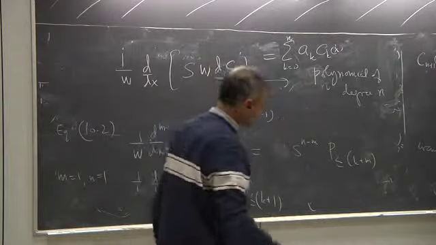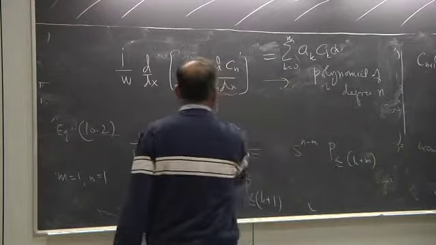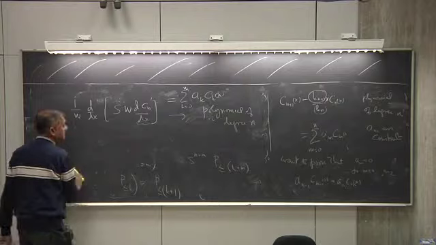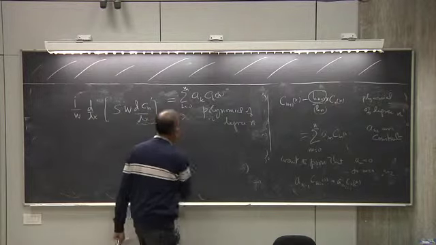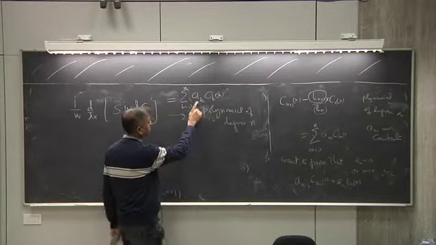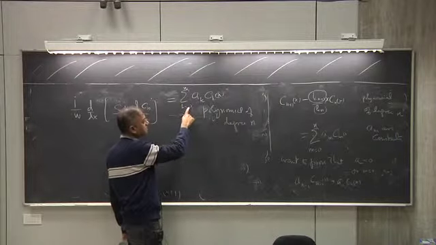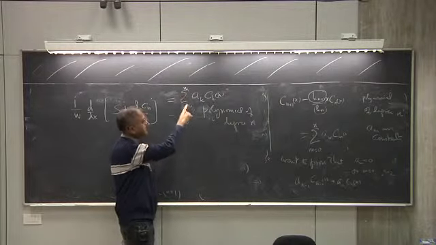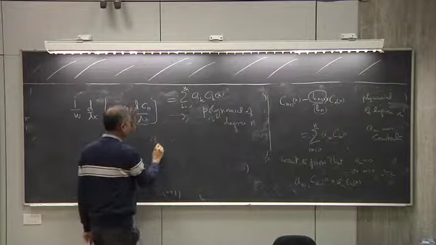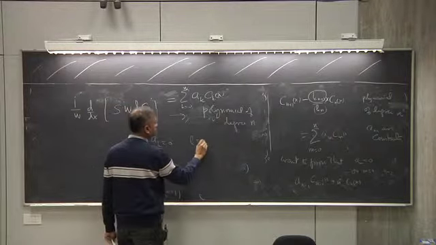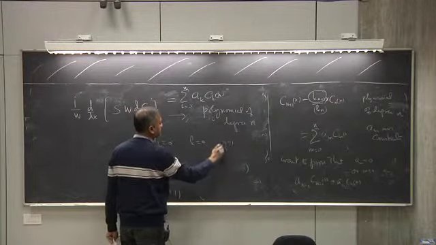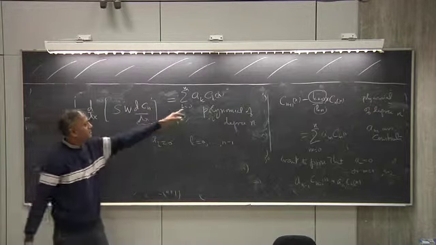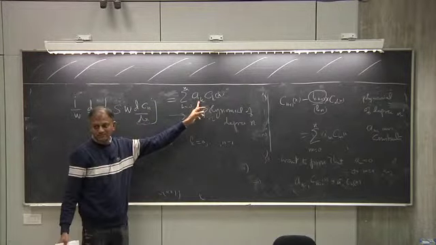This is general. Now what we will show, in fact, is that among these terms, there are n plus 1 terms here, k equal to 0 all the way up to n. But actually, we'll show that a_k equals 0 for k equal to 0 up to n minus 1, and then only the a_n survives.